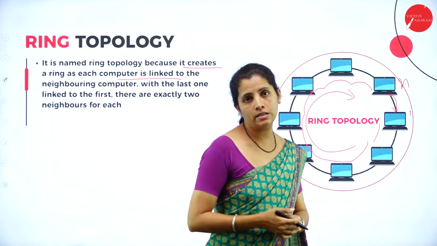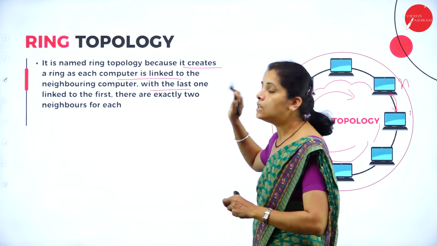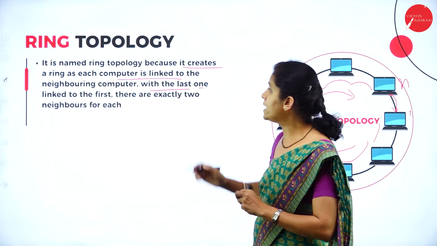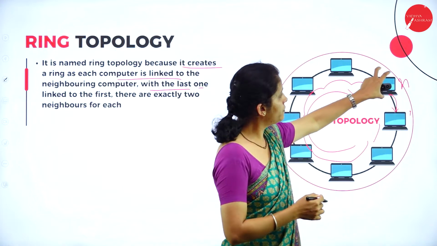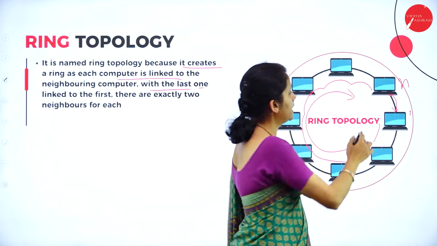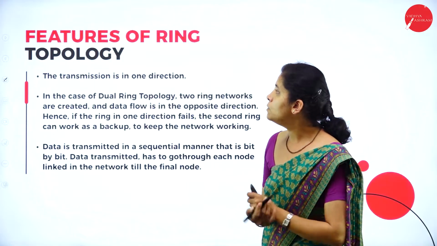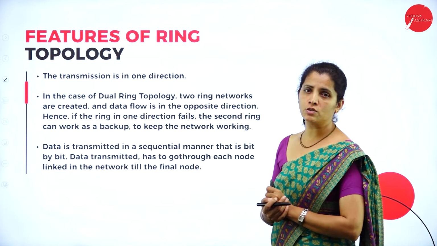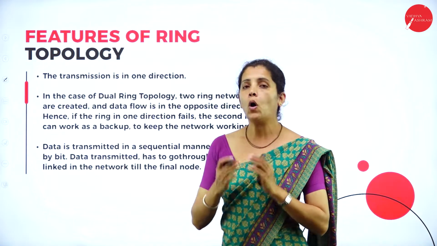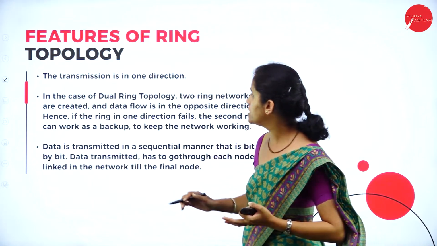For that reason, it is called ring topology, with the last one linked to the first node. See here, if n is my last node, that must be linked to the first node. Now, let me discuss the features of ring topology. What is the first feature here? All the data are going to travel in only one direction.